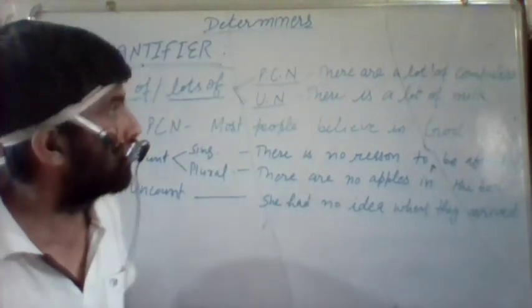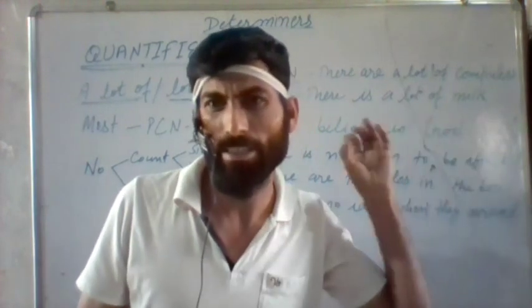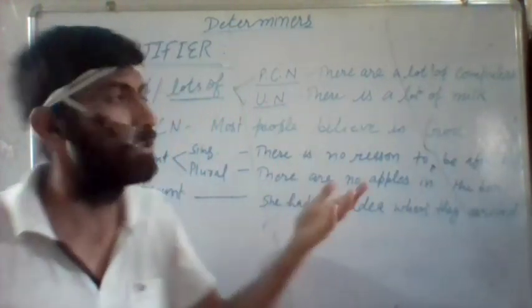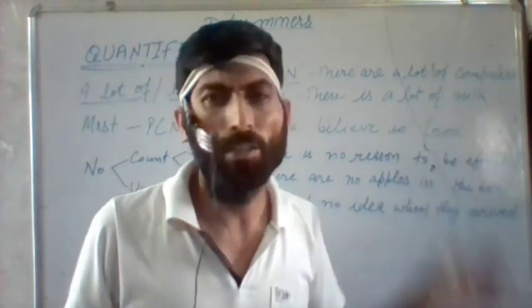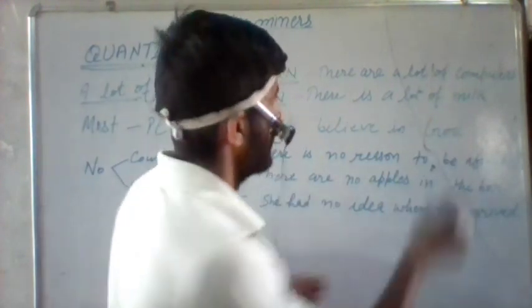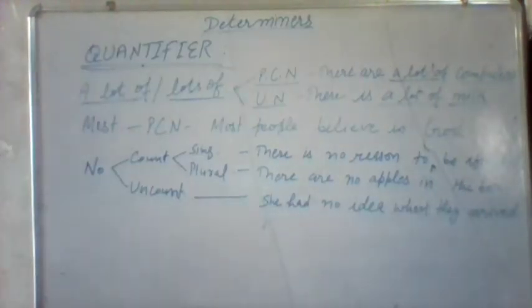Lots of is a synonym of many, like there were many computers, there were several computers. Uncountable: there is a lot of milk. Milk is an uncountable noun. Computers are plural countable.